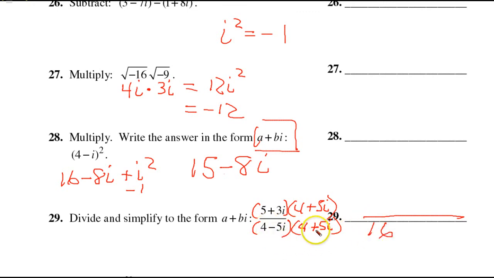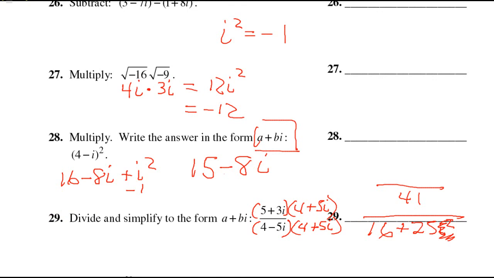Then we get a negative 25I squared. But I squared is what? I squared is negative 1. So this becomes a positive 25. So our denominator now is going to be 41. And then when we FOIL this, we have to put it in that particular form.